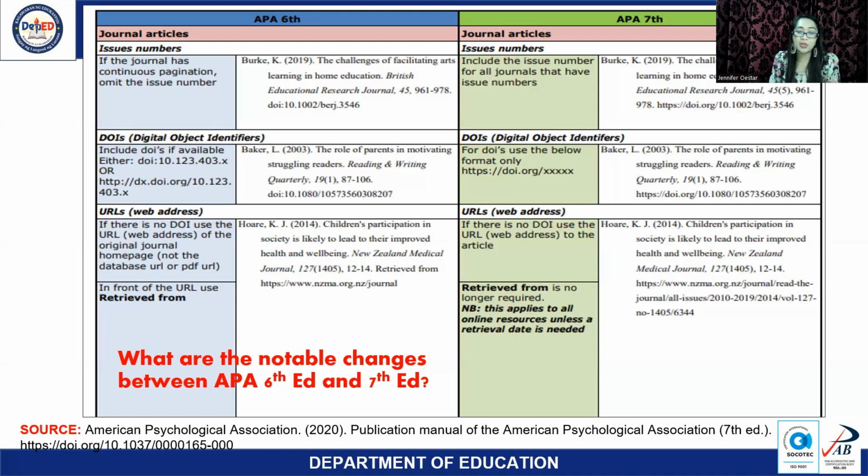For KJ 2014, Children's participation in society is likely to lead to improved health and well-being, New Zealand Medical Journal, volume number, issue number, pages, retrieved from HTTPS. And in our seventh edition, if there is no DOI, use the URL or the web address to the article.